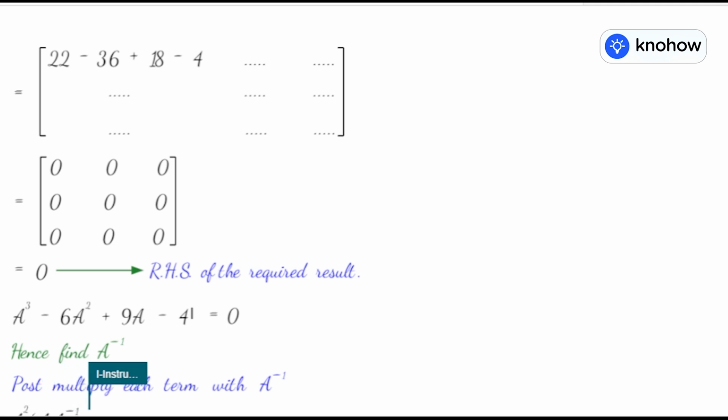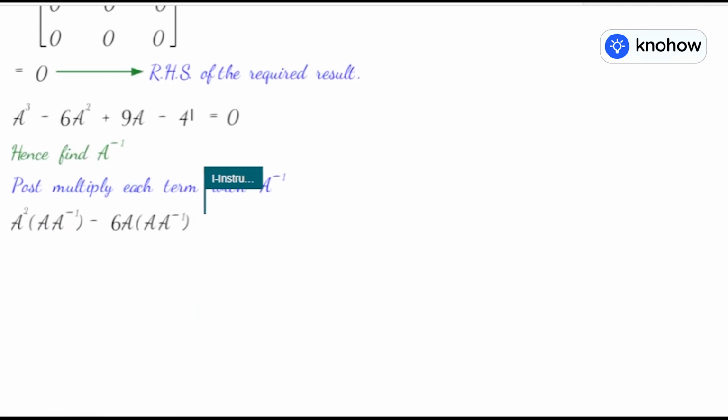Similarly, A square I can split as A into A, so minus 6 times A into A inverse. Similarly, 9 times A into A inverse and minus 4I times A inverse equal to 0 into A inverse.